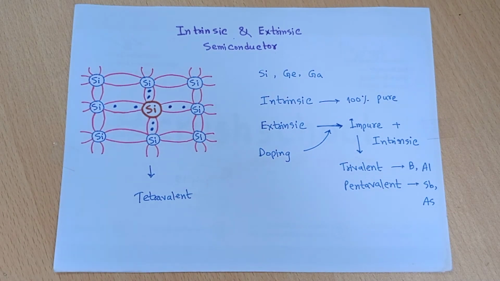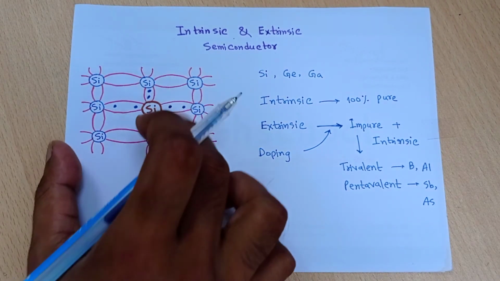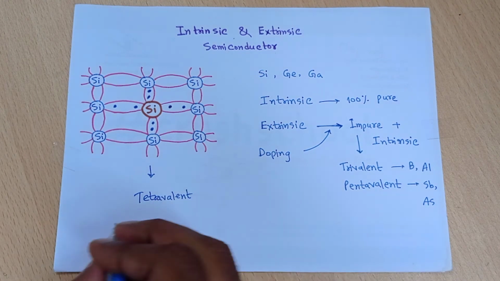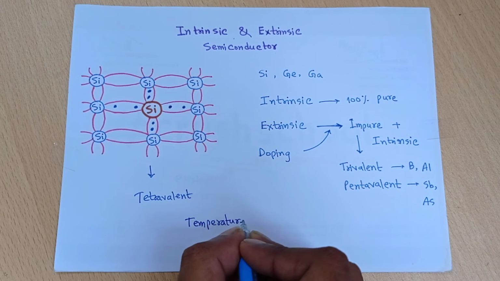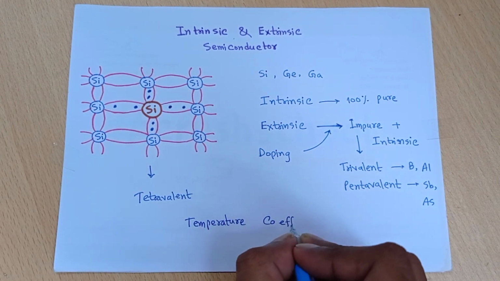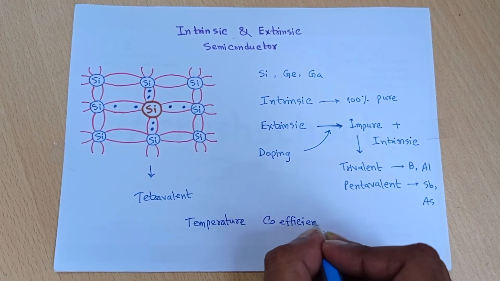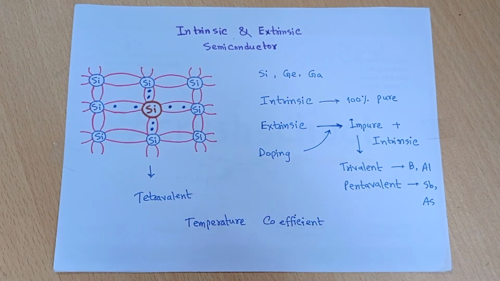I want to share another thing, that is temperature coefficient. The temperature coefficient of a semiconductor is positive, so I want to write this: temperature coefficient of semiconductor is positive. Why positive?